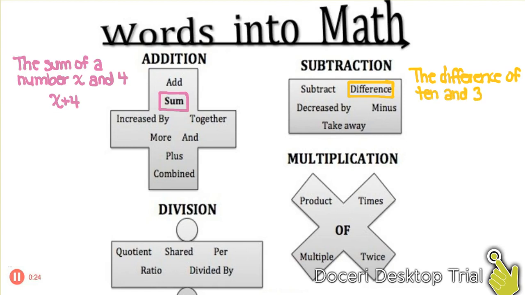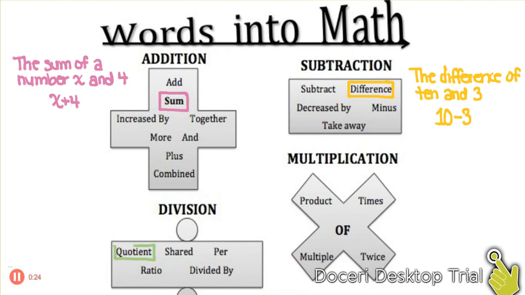So that means you're going to take the difference, or you're going to subtract 3 from 10. So 10 minus 3.